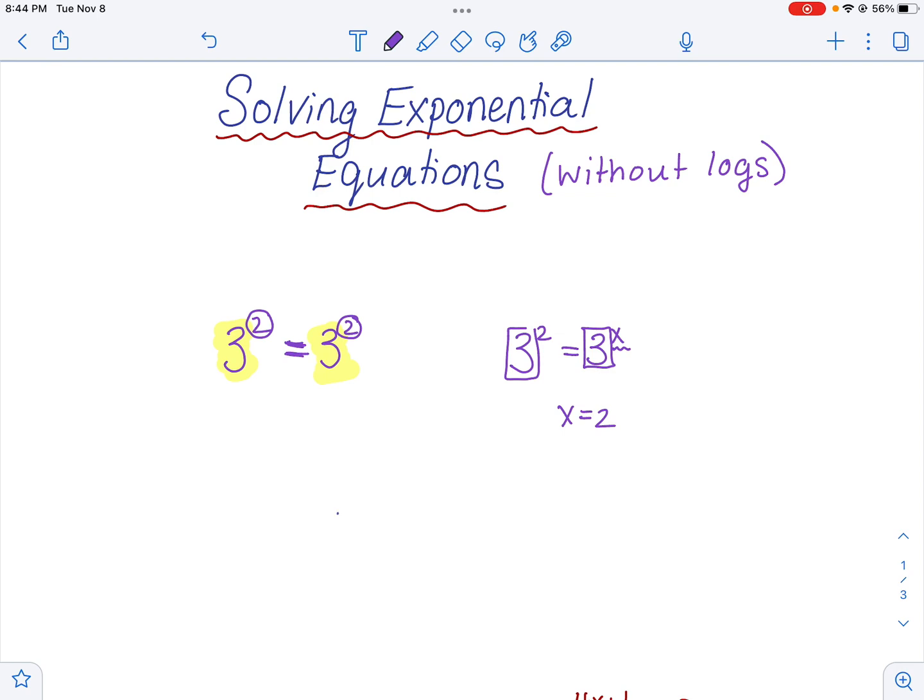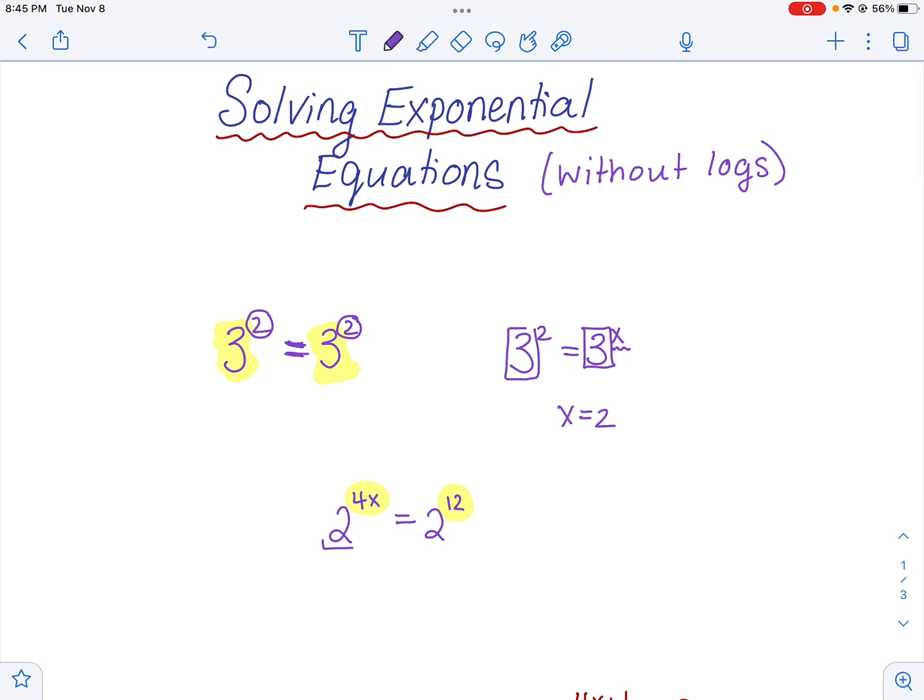So if we had something like 2 to the power of 4x equals 2 to the power of 12, well, if we wanted to figure out what x is, we know that a whole exponent must be equal to 12.